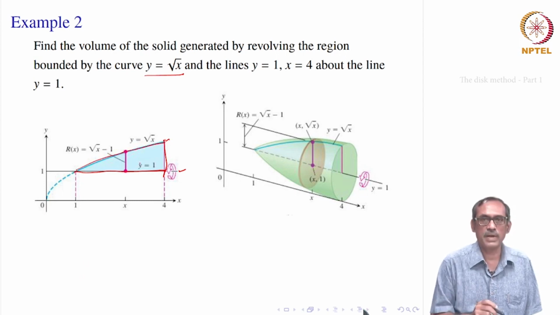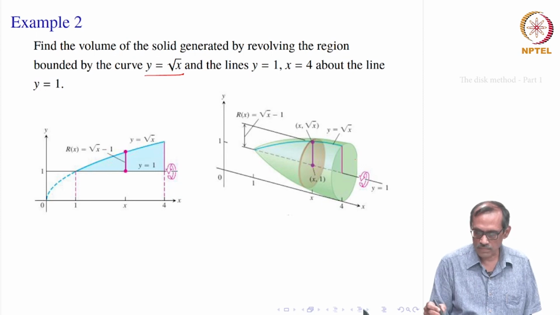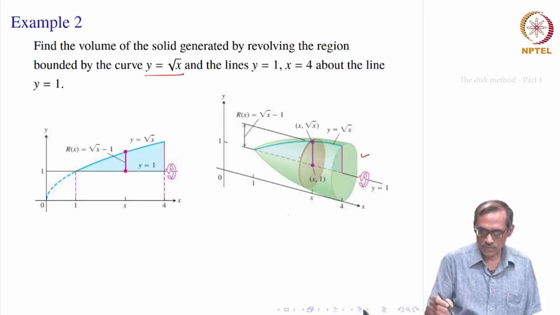The region is painted blue now. This region is revolved around the line y equal to 1. Okay. So, you would get some solid of this type, which is painted green here in the second picture. We want to find the volume of this solid so generated.